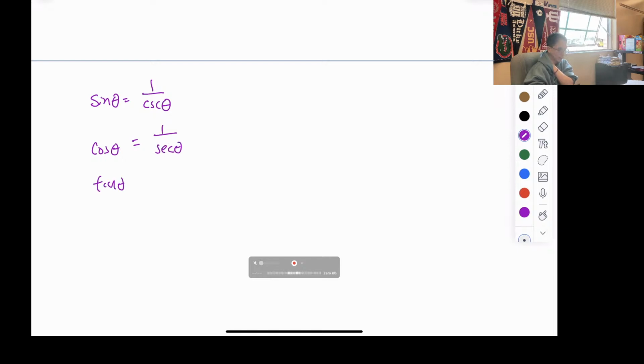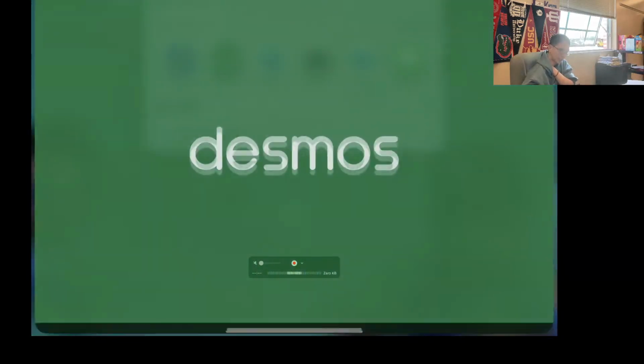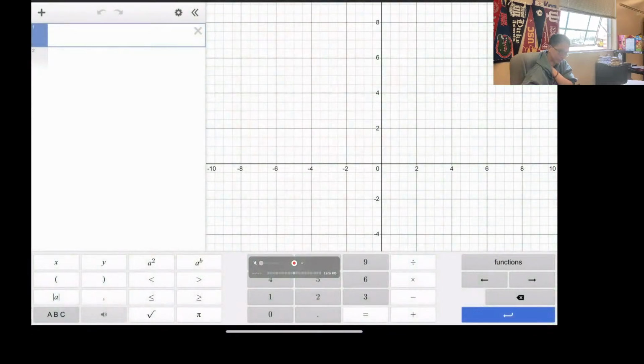Tangent theta is equal to what? Yep. And cosecant theta is equal to 1 over sine theta. And this is the reason why your calculator does not have a cosecant button. If you check on decimals, it does not have a cosecant button.